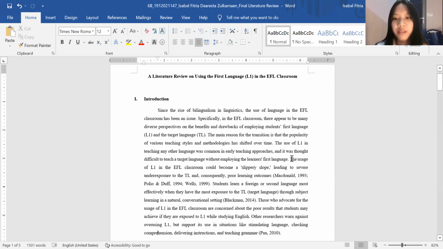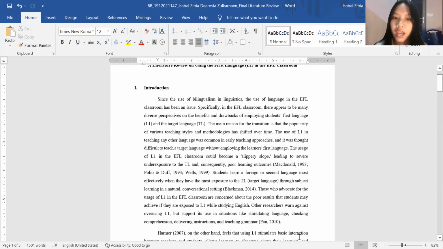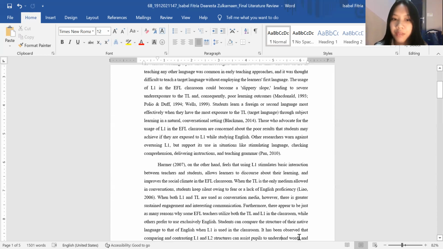In this paragraph, I may also provide several things that are not beneficial for the use of L1 in our classroom, but I wrote like that to support the other perspective about the use of L1, and I write it in the second paragraph.